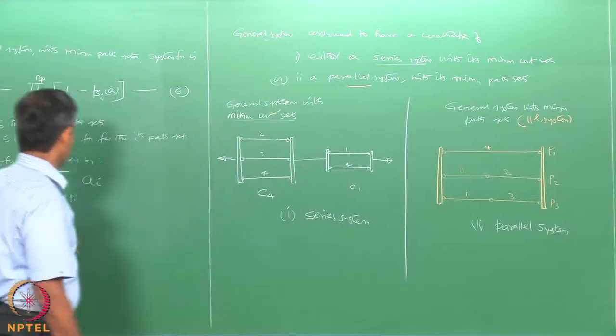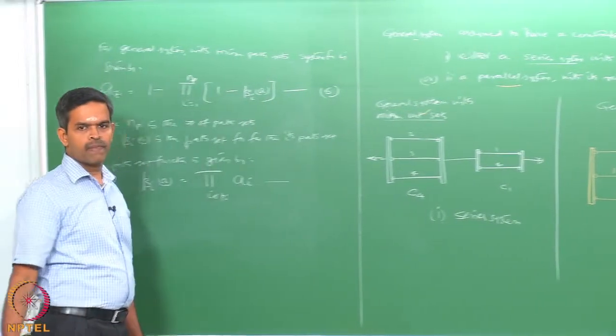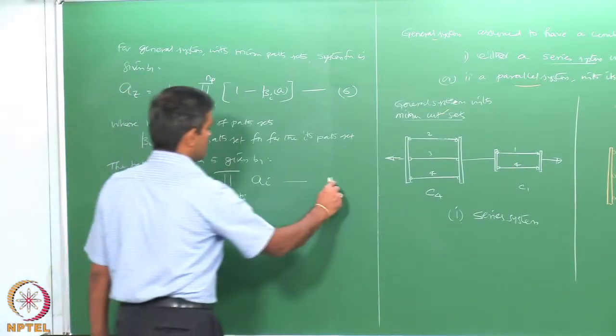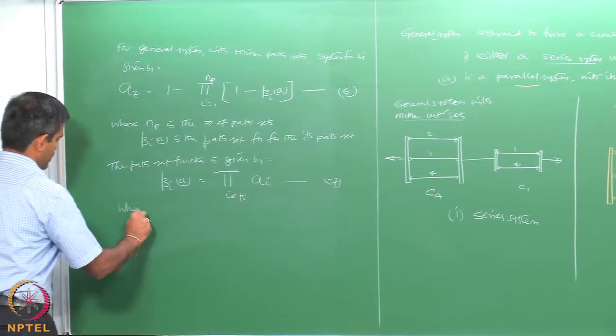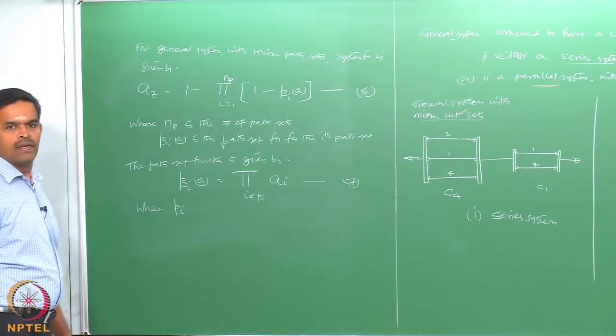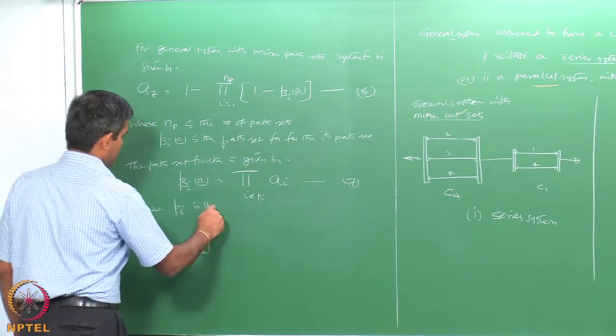Okay? So, we use that equation, equation number 7, where in this case P i is the ith path set.